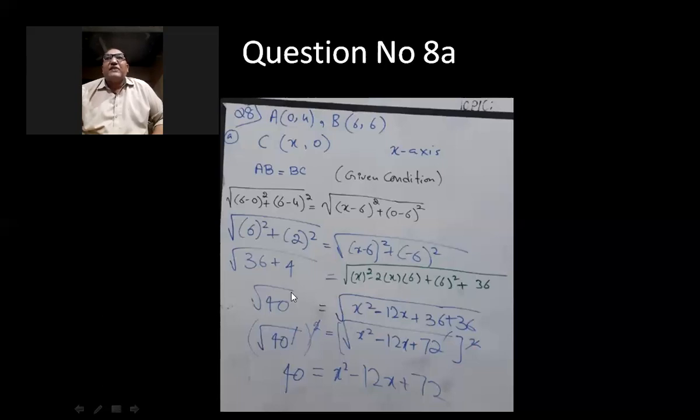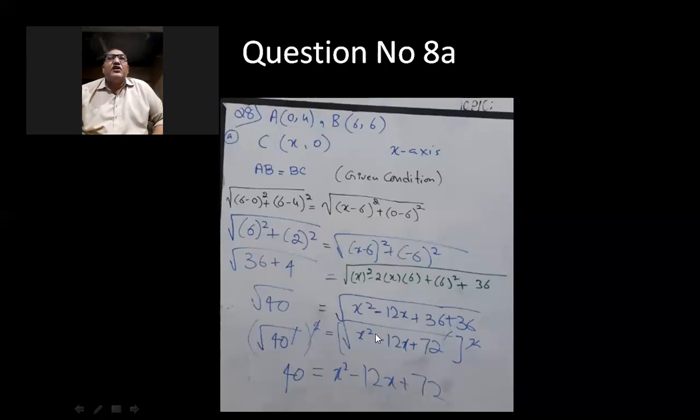Minus 6 square will be 36. So here you have 36 plus 4, that will be root 40, equals x square minus 12x plus 36 plus 36. So root 40 on one side, and here you will have x square minus 12x plus 72.